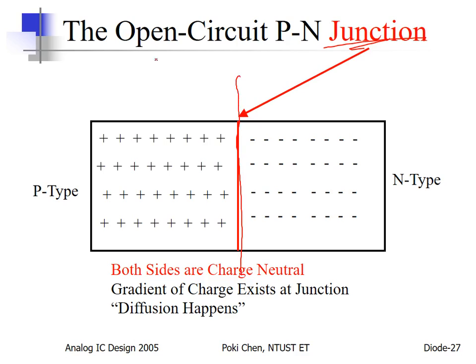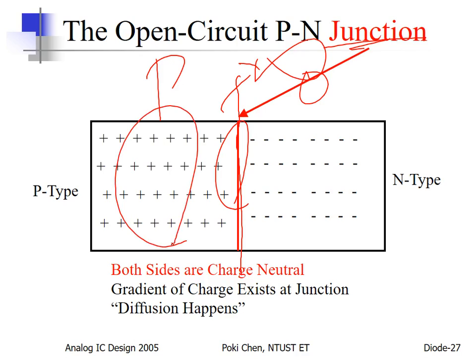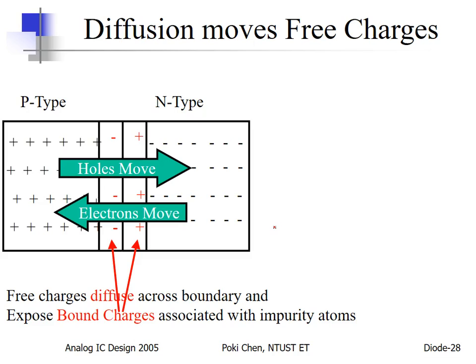You have a lot of holes here, and almost zero on the other side, not exactly, but almost zero. So how about the slope? Almost infinity. So you have an infinite tendency to diffuse into the other side. They are all boys, they are all girls, right? So you can live happily. Anyway, only kidding.